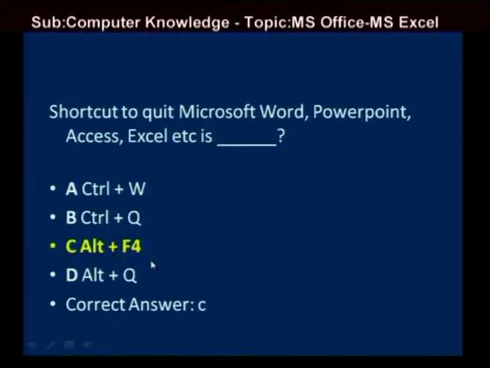Closing any program is Alt plus F4. The shortcut to quit Microsoft Word, PowerPoint, Access, Excel, etc. is Alt plus F4. Okay, these are the important topics about Excel for competitive exam preparation, guys. Thank you.